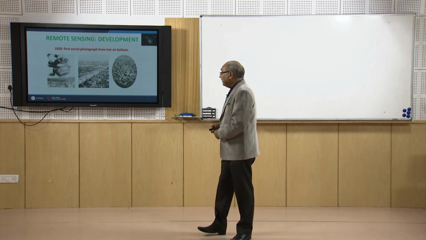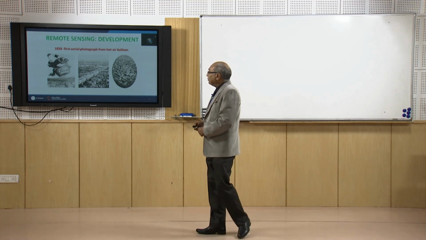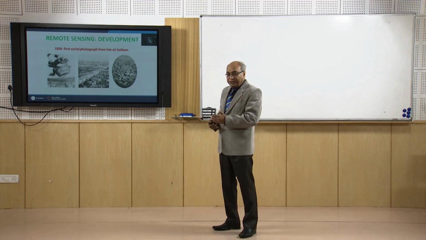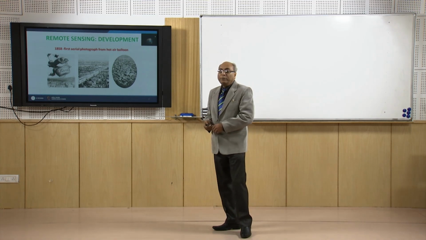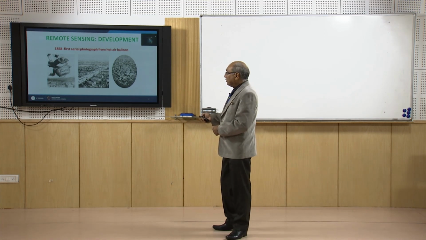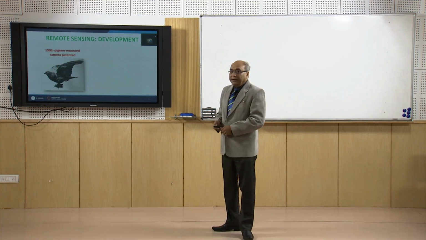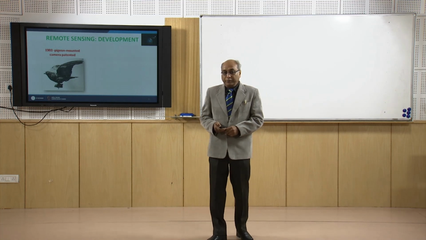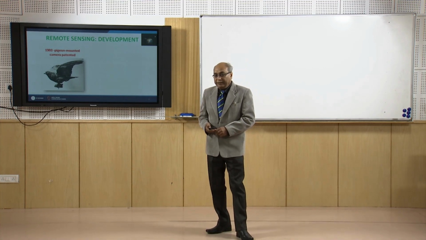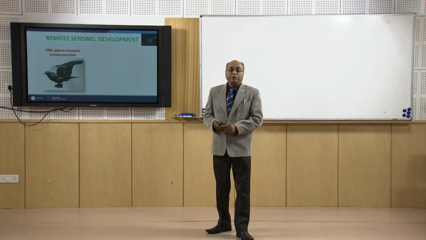So, if you look at the history and the development journey of remote sensing, basically we can put the start at 1858. And of course, later on in World War II especially, there was extensive use of remote sensing.